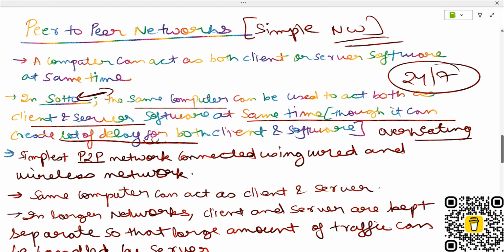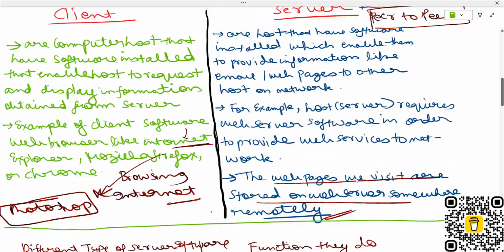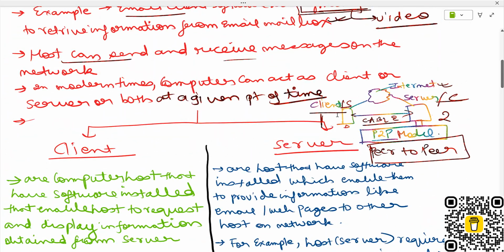Okay, in a simple P2P network, you can use basically a wired connection or a wireless connection. So this is an example of a simple peer-to-peer network. This is PC1 and this is PC2. They are acting as client or server, or both.